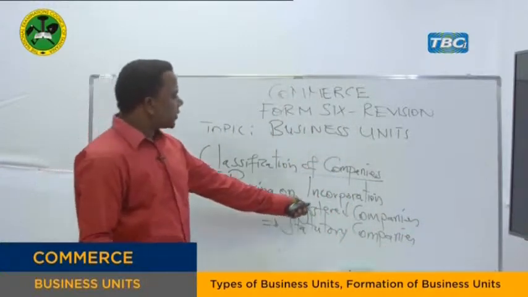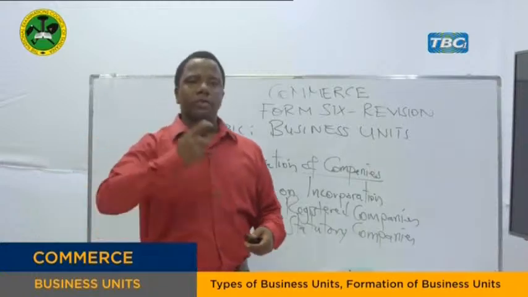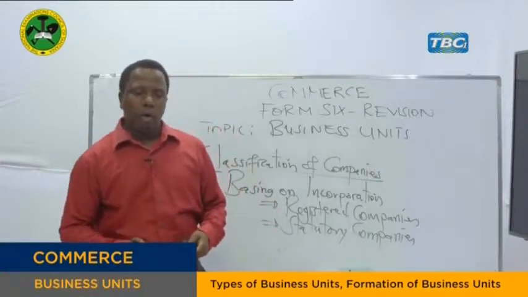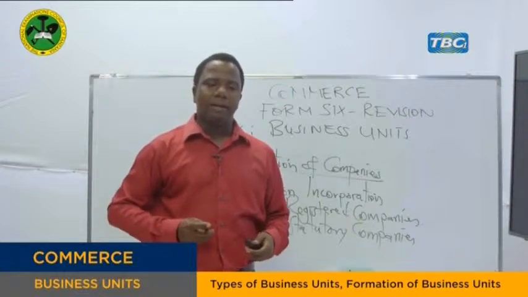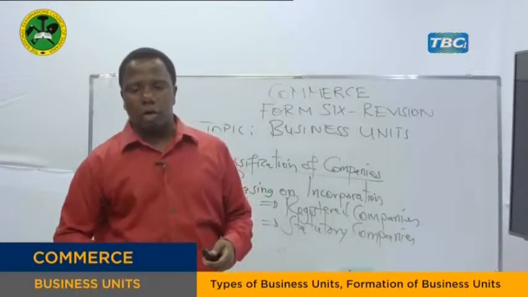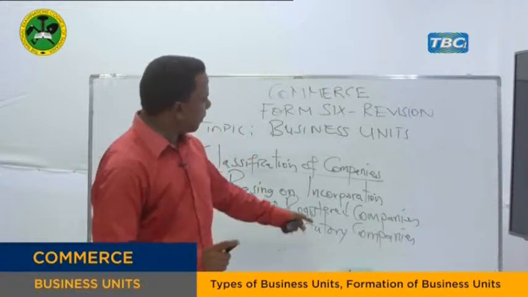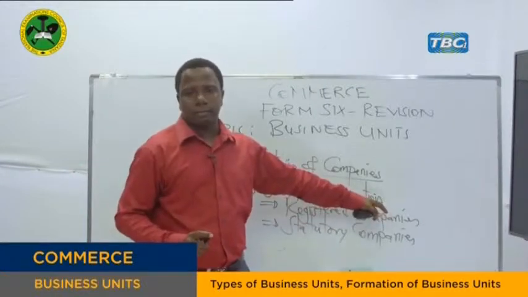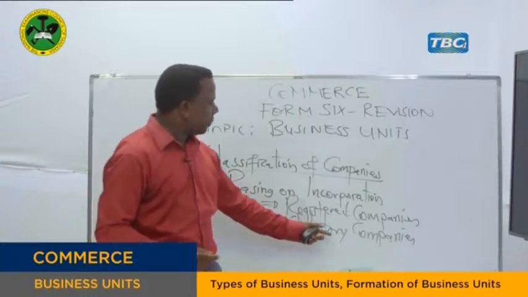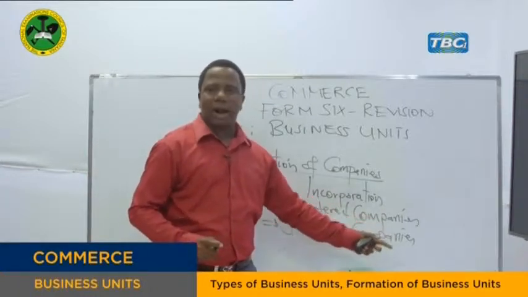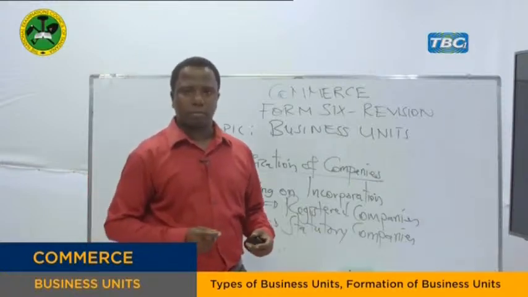So under registered companies, we mean those companies which must be registered by a company's registrar. For our country it is BRELA. So these companies are registered at BRELA. While statutory companies are formed by an Act of Parliament.